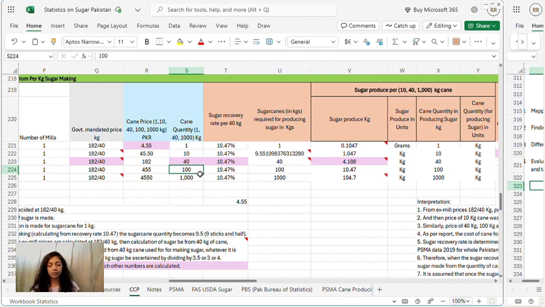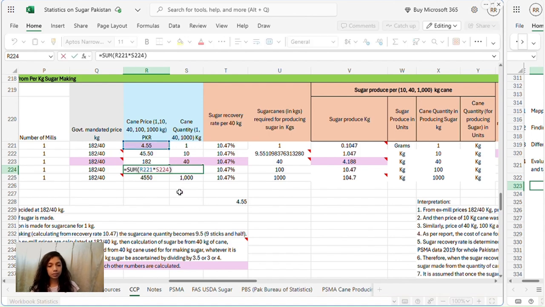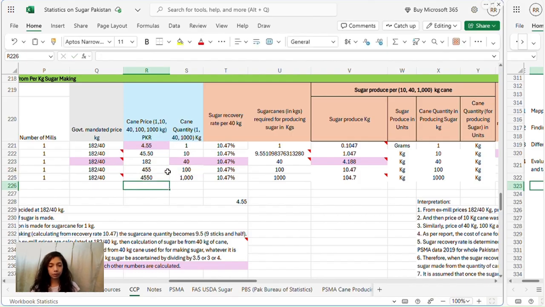Then the cost of 100 kg, if we make the base of this 180 to 40 and try to find out what will be the cost of 100 kgs of cane, that is going to cost 455, and that can easily be calculated when you multiply 4.55 with the total number of 100.